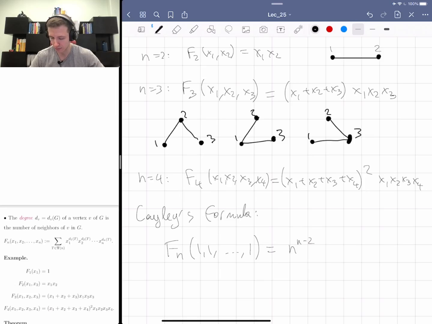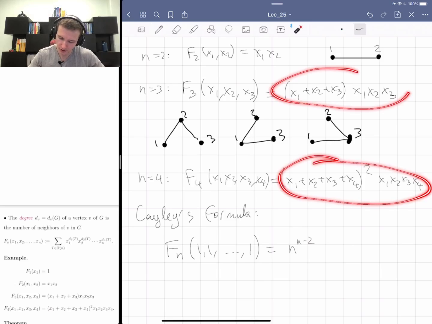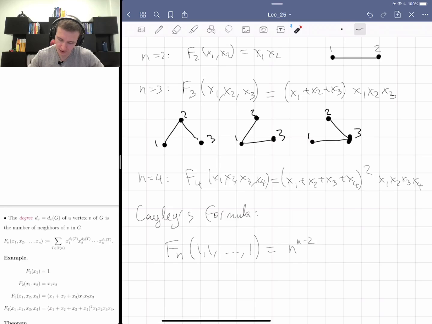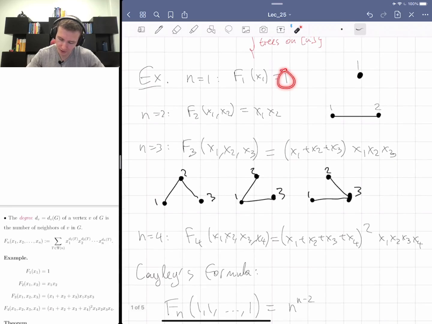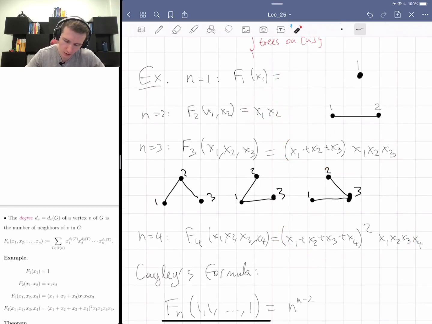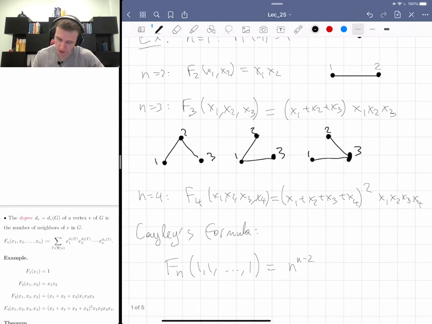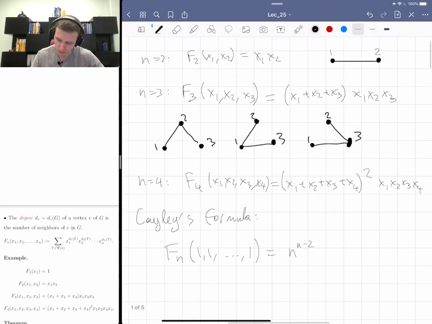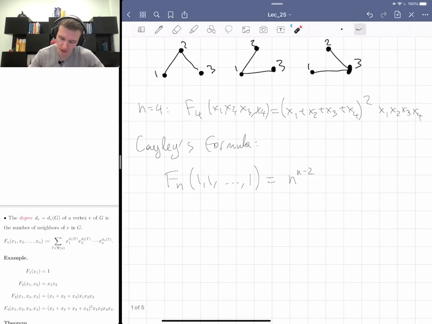For n equals 1 it's just 1, which is kind of interesting. All right, never mind. So the claim is that this is n to the n minus 2.